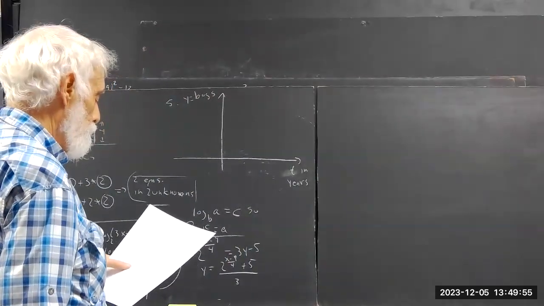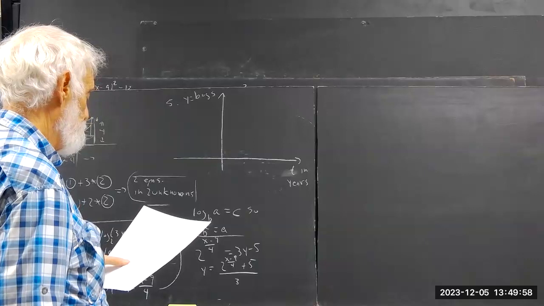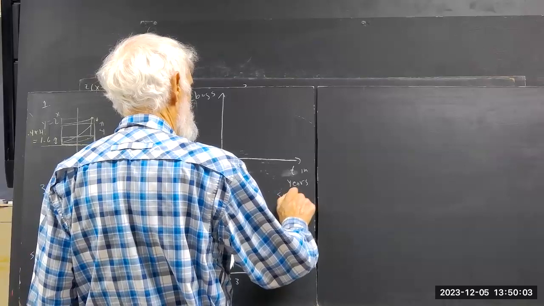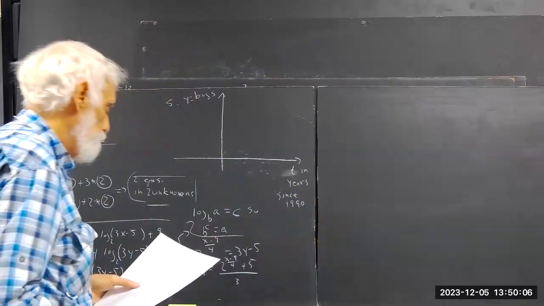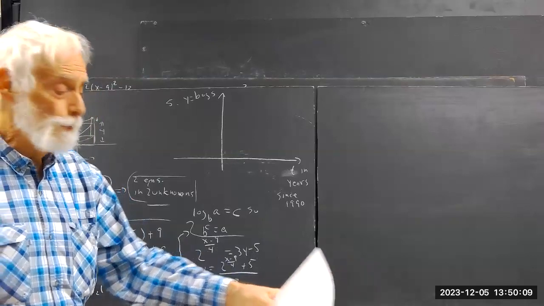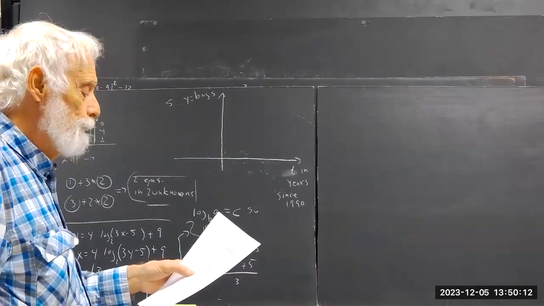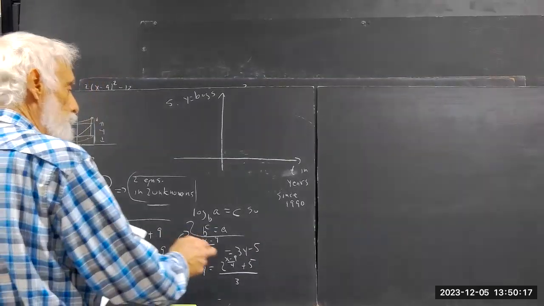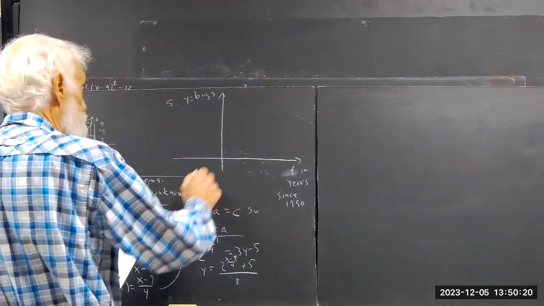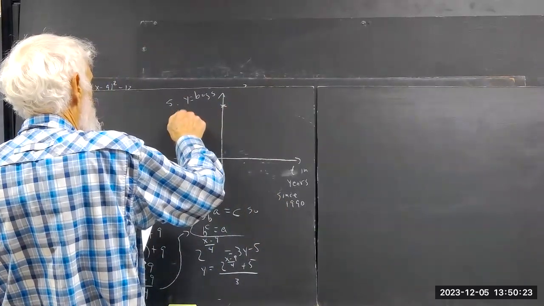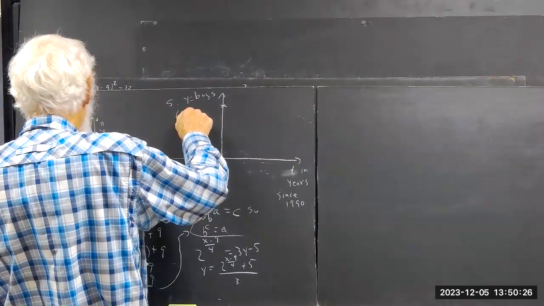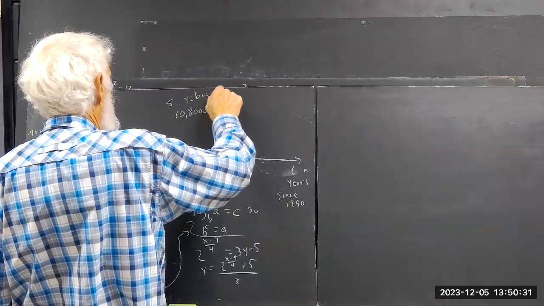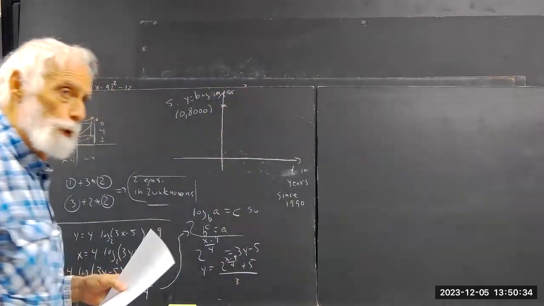I can do this easily enough by using years since 1990. Now we translate the information. We have 8,000 milligrams in the year 1990. In the year 1990, the years since 1990 is 0. So that means we have the point (0, 8,000). It's actually bug mass on the windshield.